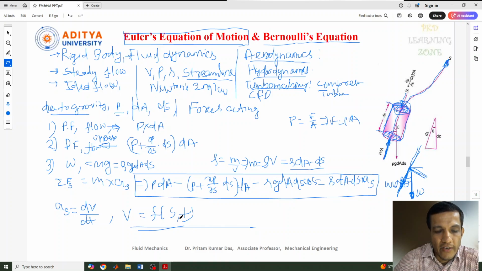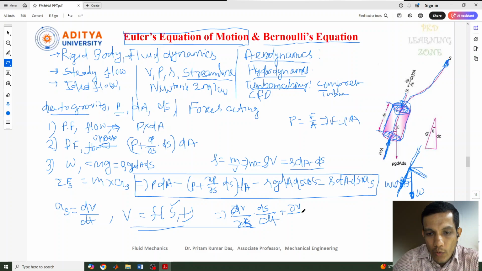As velocity is a function of s and t, like space and time, or direction and time, I can write dv by dt as del v by del s into ds by dt, plus del v by del t into dt by dt. This is the equation I have taken.